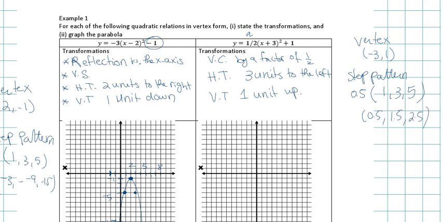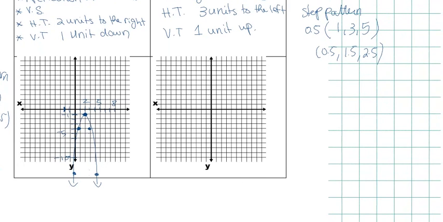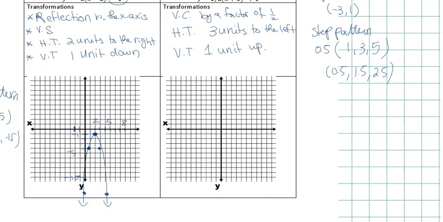Okay. Here I have to be a little bit more careful than usual. Vertex is negative 3 and 1. So this is so out of alignment. So this is where negative 3 is, and this is 1.